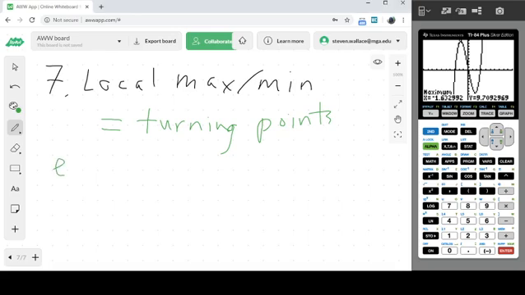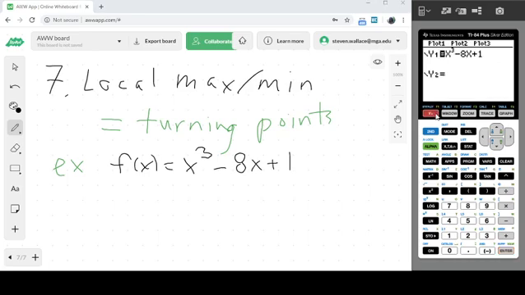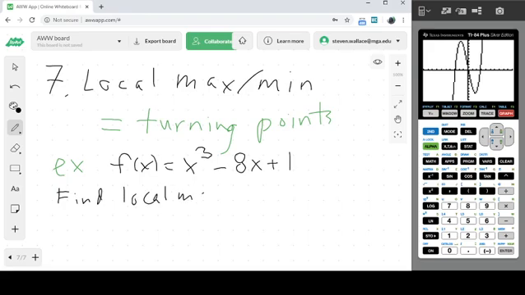So here in this example, f of x is x cubed minus 8x plus 1, I think. Was that it? Yes. And then we wanted to find the local max. To do that, we use second trace.